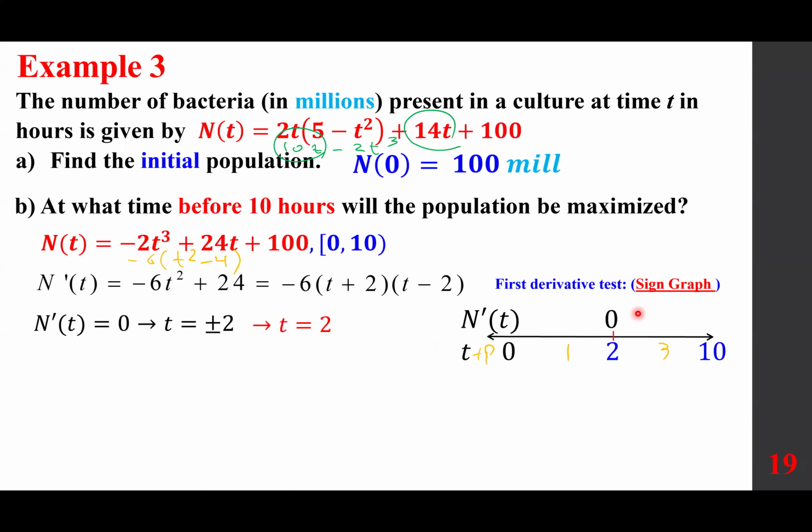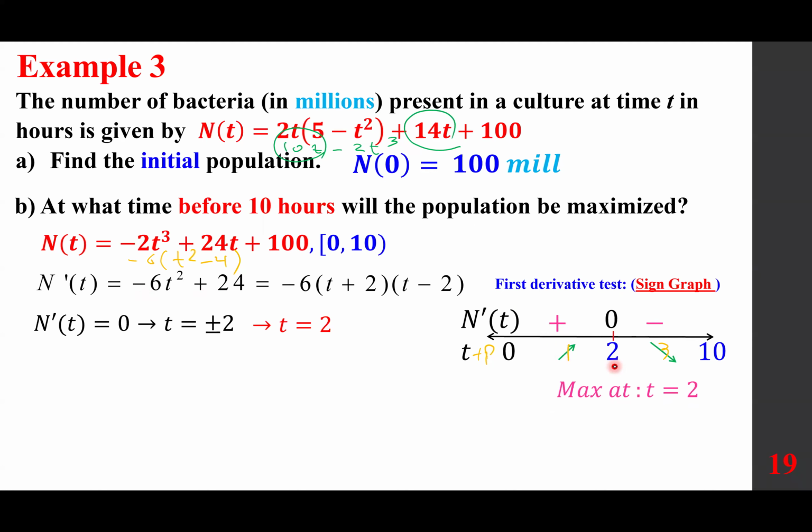And then they will alternate, okay? But if you have doubts, put 3. 9 times minus 6 is minus 54 plus 24 is minus. And so let me throw in the arrows. Arrow up, arrow down means maximum occurs at t equals 2. And so this is the first derivative test.